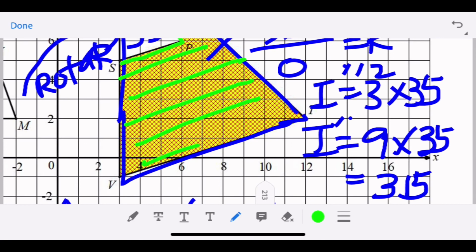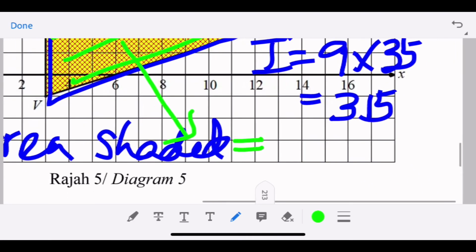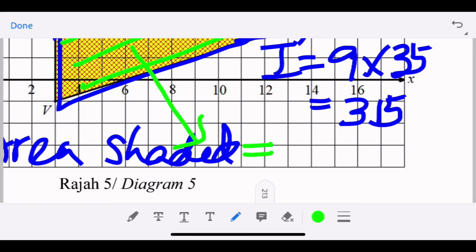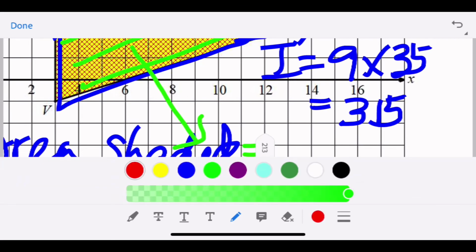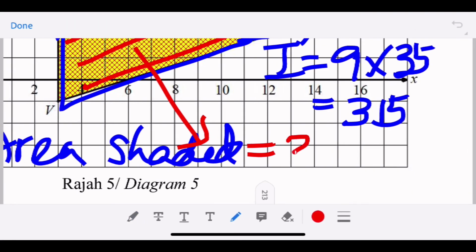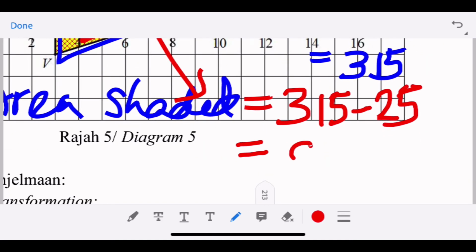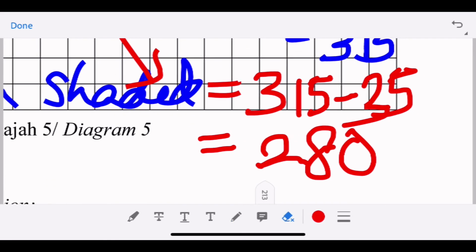So the final answer is the area of the shaded region in green color that I shaded, 315 minus 35, so you get the answer, which is 280. All right, the writing is not so clear. So the final answer is 280.